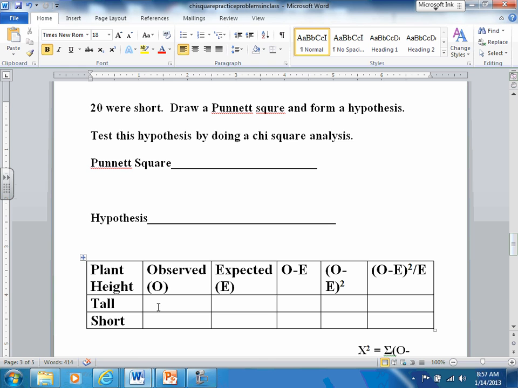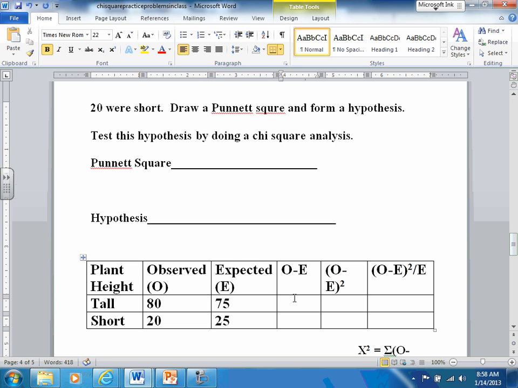Those are our observed numbers, right? 80 and 20. But according to our Punnett square, out of 100, how many ought to be tall? 3/4 ought to be tall. What's 3/4 of 100? 75, right? Everybody with me on how I got that? The square says 3/4 ought to be tall. 75 out of 100, which means this has got to be what? 25.